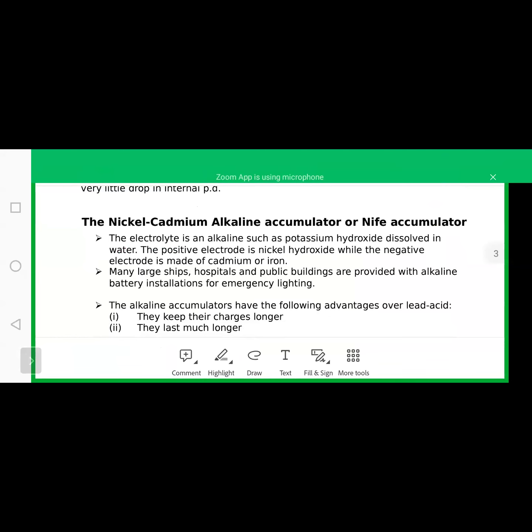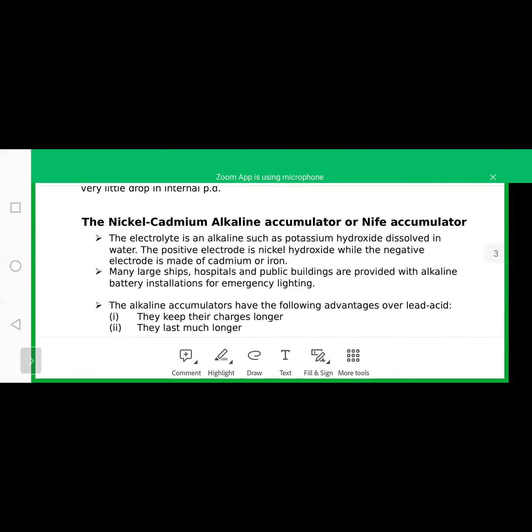Okay, what is the major difference between the knife accumulator and the lead acid accumulator? The difference between what and what?